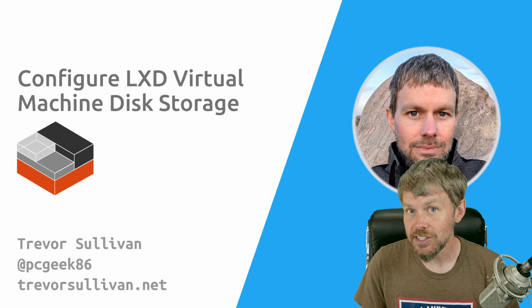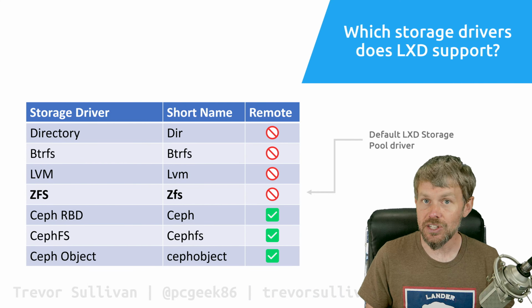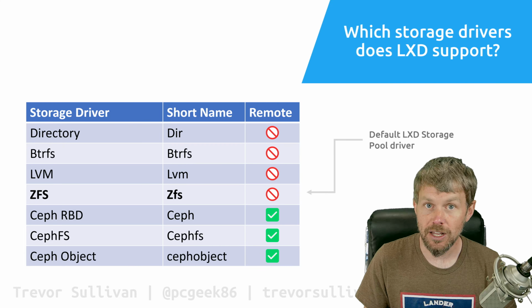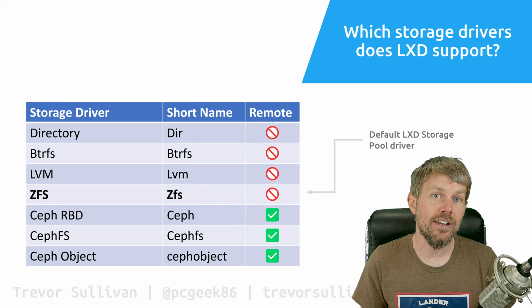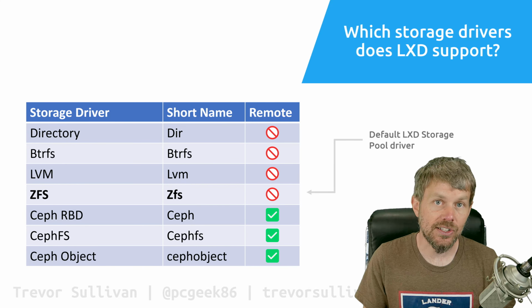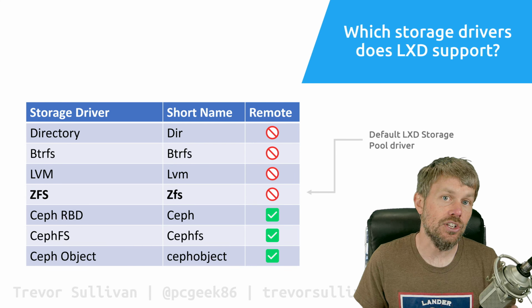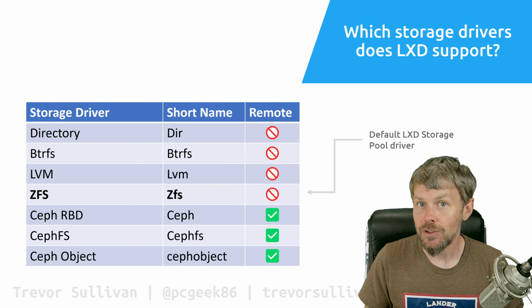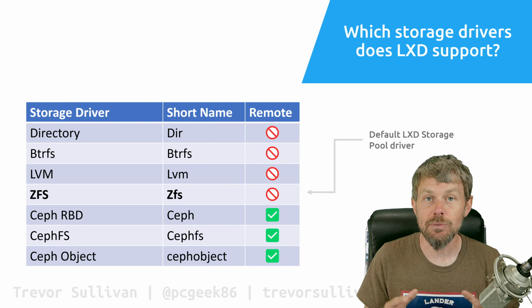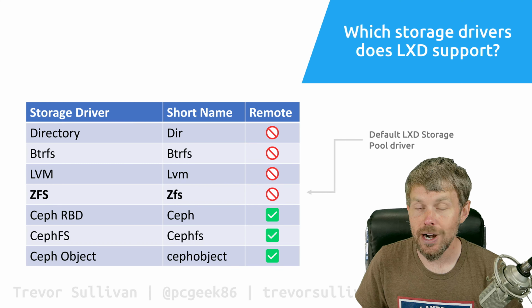So for starters, let's talk about some of the different storage drivers that are available, because you'll need to know what different drivers are available when you are creating storage pools. Now, when you run LXD init, that's when you install LXD on your physical host for the first time, and you're getting ready to initialize the LXD environment so you can create virtual machines. The default storage driver that's going to be set up by LXD is the ZFS storage driver.